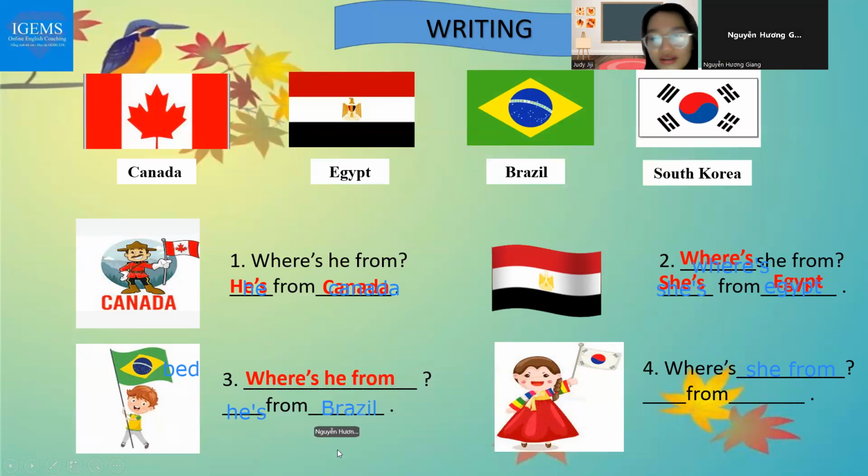Okay, that's right. So this one you have the uppercase. He's from Brazil. And number 4, where's she from? She's from Hamburg.